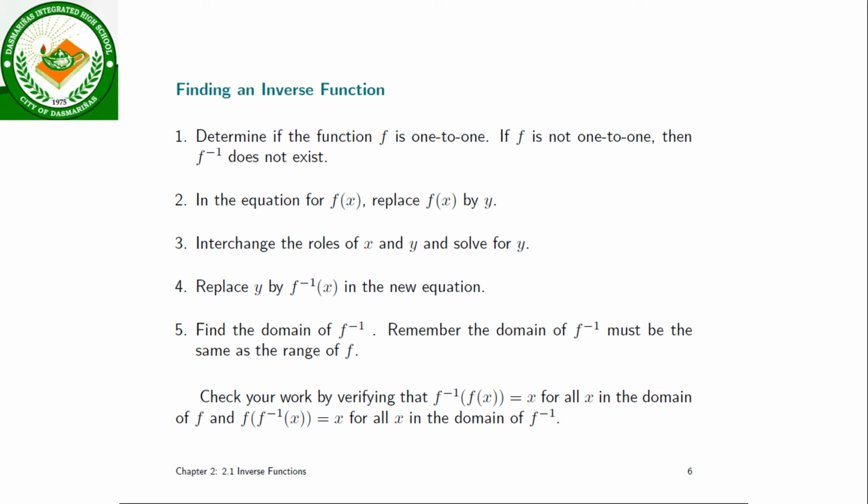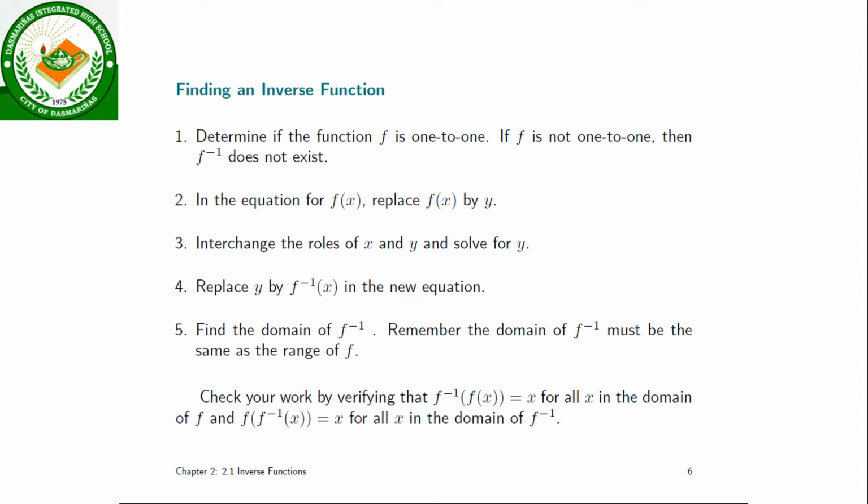First is to determine if the function f is one-to-one. We already discussed this on our previous video. Because if f is not one-to-one, therefore we do not need to perform the second up to the fifth steps, because there is no inverse of f.